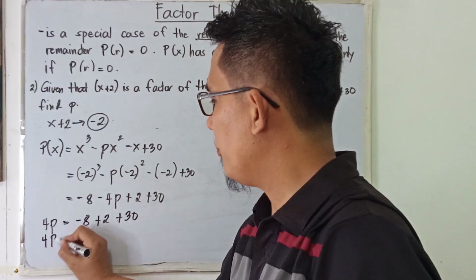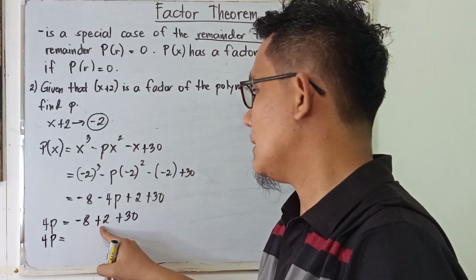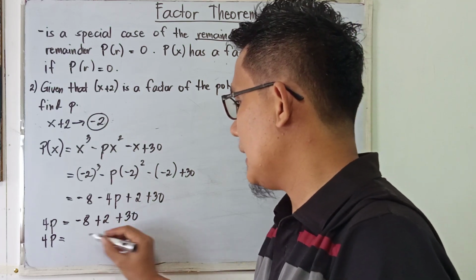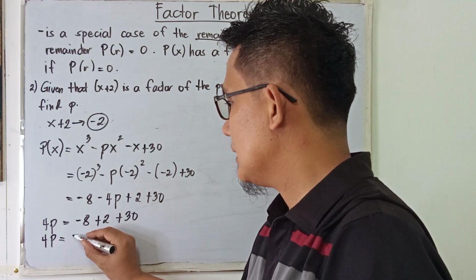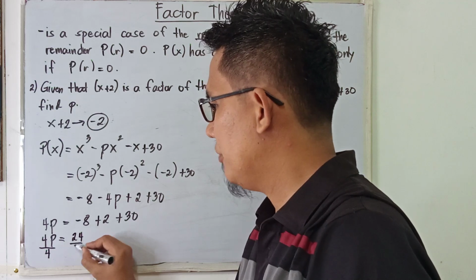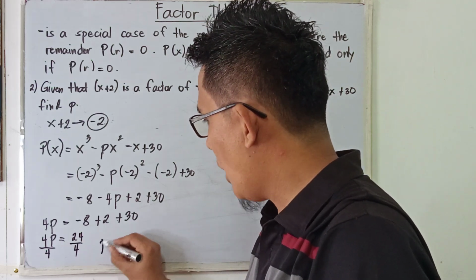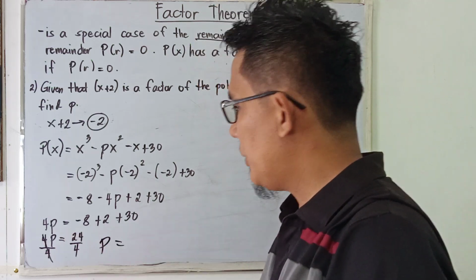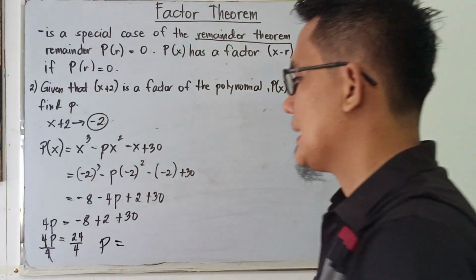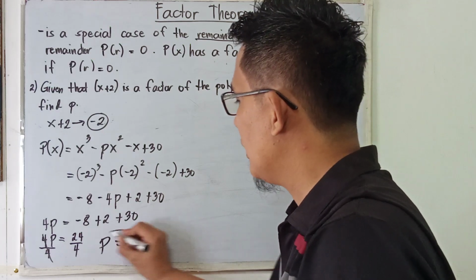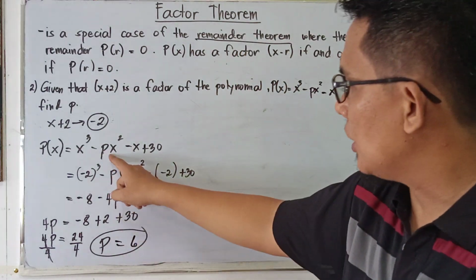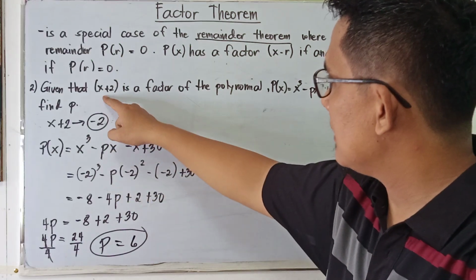So 4p equals negative 8 plus 2, which is negative 6, plus 30, which is 24. Then divide that by 4. So the value of p is 24 divided by 4, which is 6. Therefore, the value of p is 6 if this is a factor of the polynomial function.